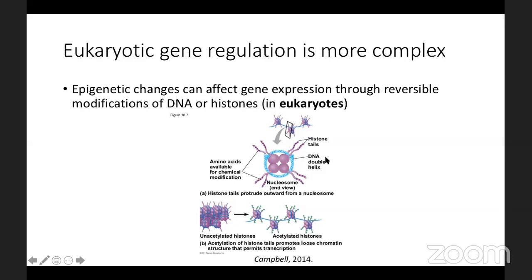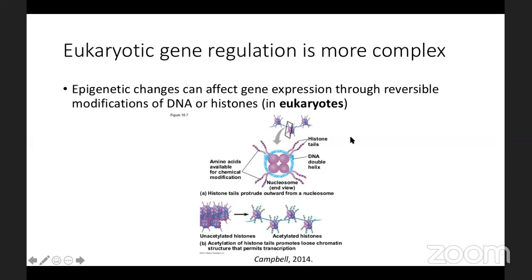So what has actually been found to happen is that sometimes those histone tails can be acetylated, which just means an acetyl group is tagged onto the proteins. And what researchers have found is that when you add these acetyl groups to the histones, it actually loosens the chromatin structure, and therefore transcription can actually happen.